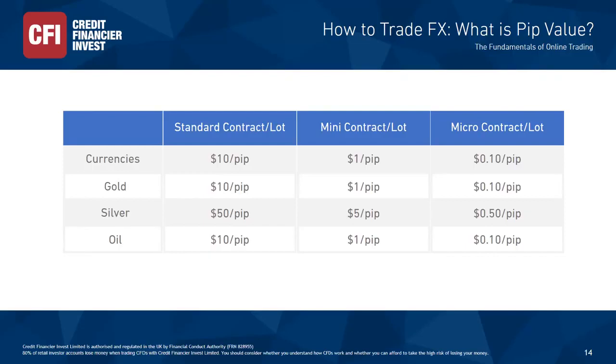Also, guys, please bear in mind that the pip value is always denominated in US dollars, regardless of what currency pair you're trading or your account currency. So with the previous example, the pound sterling versus the US dollar, when you open the position, the standard contract would be 100,000 pounds, but the pip value will be $10.